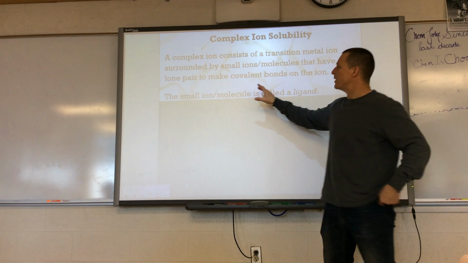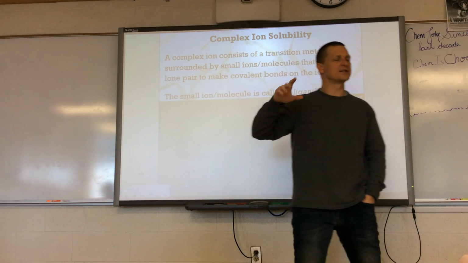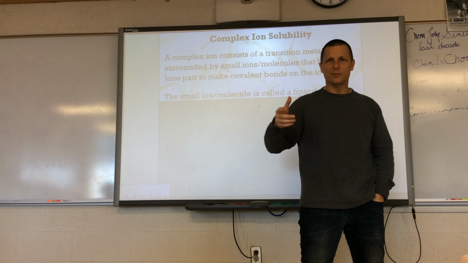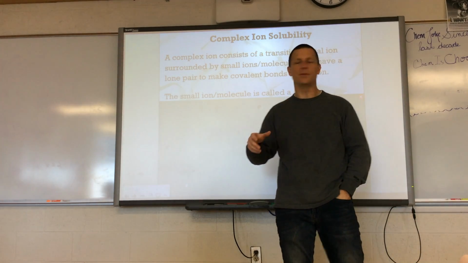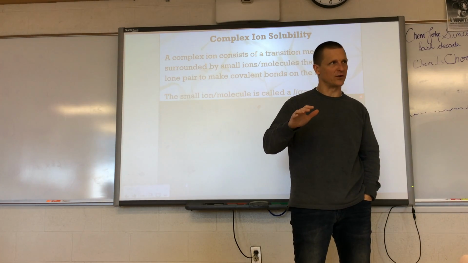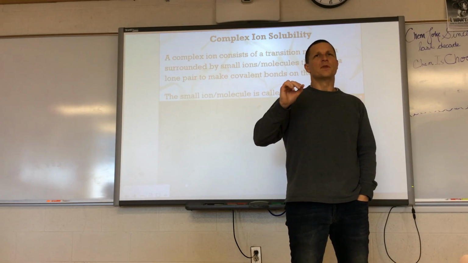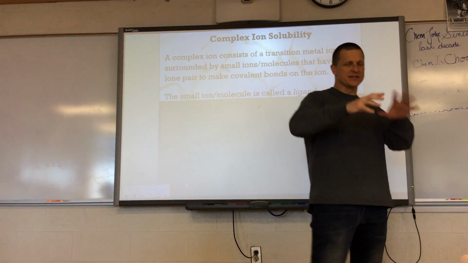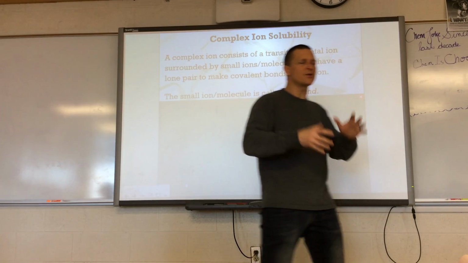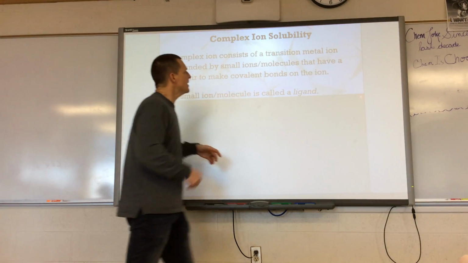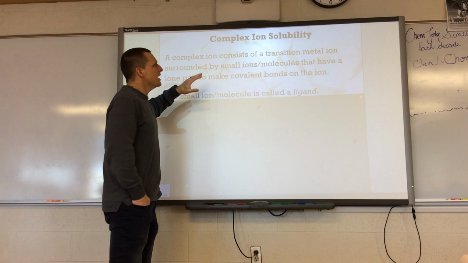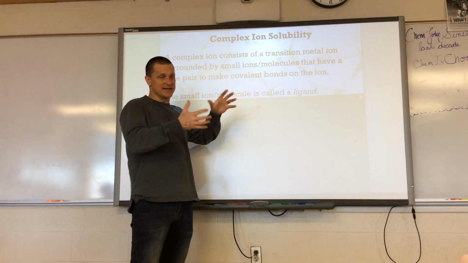Now, transition metals, this is only going to happen with transition metals. The main group elements like sodium, potassium, barium, calcium, they don't make complex ions ever. The transition metal ions have d orbitals. They have a more complex electron arrangement, so they have these empty d orbitals. If you have one of these transition metal ions, it's got to be an ion too.